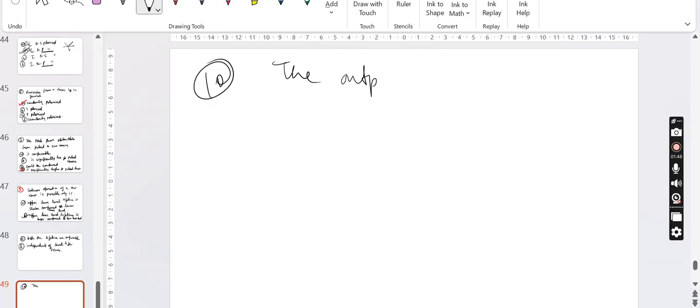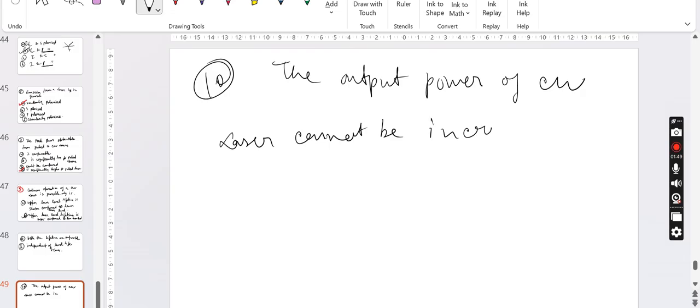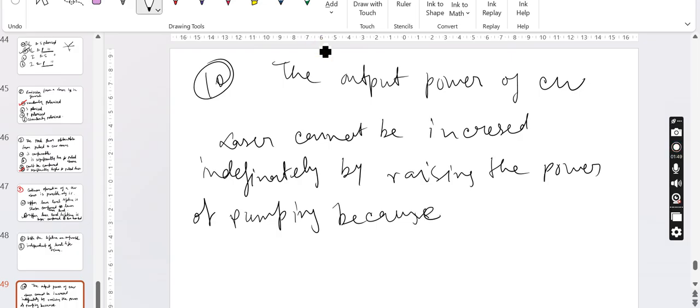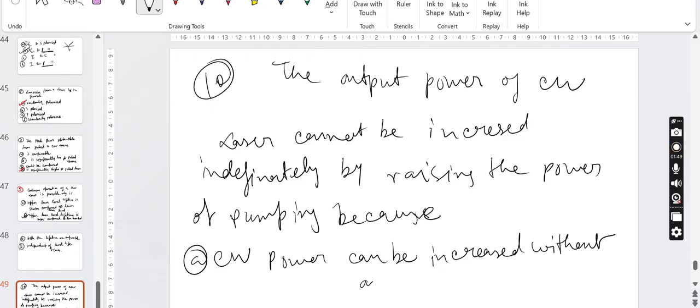The output power of a CW laser cannot be increased indefinitely by raising the power of pumping because A, CW power can be increased without any problem.